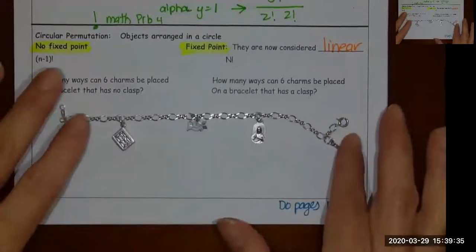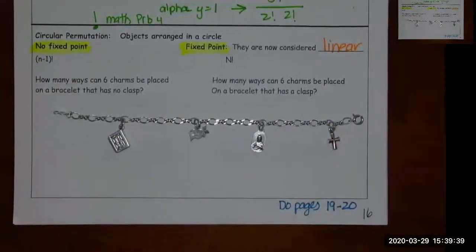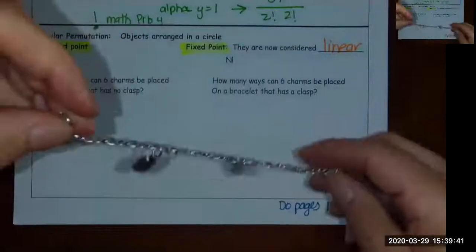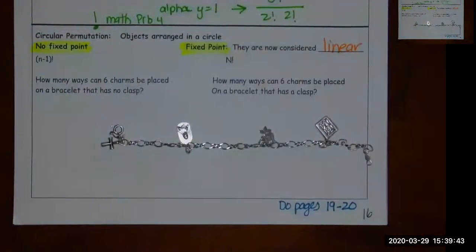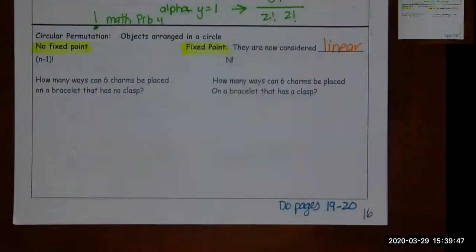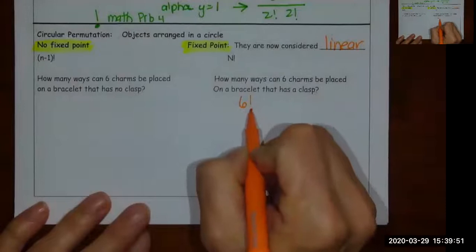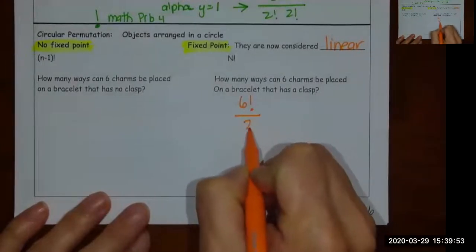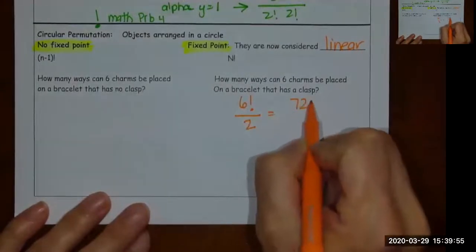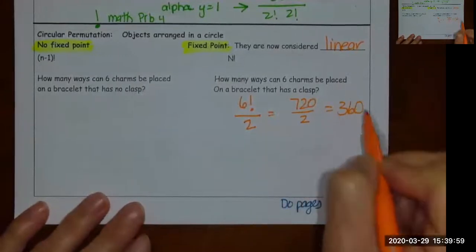Pretend like I had 6 on there. But I want you to notice that I could put the bracelet this way, or I could put the bracelet this way, right? So because of that, we divide by 2. So if I have 6 charms, I'm going to say 6 factorial divided by 2. So that's 720 over 2, or 360 ways.